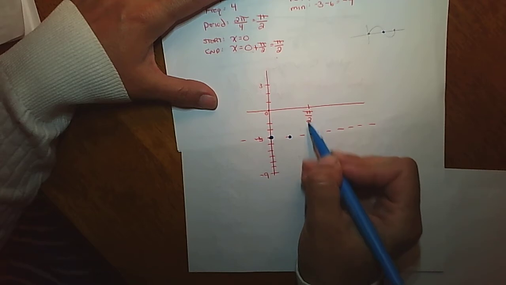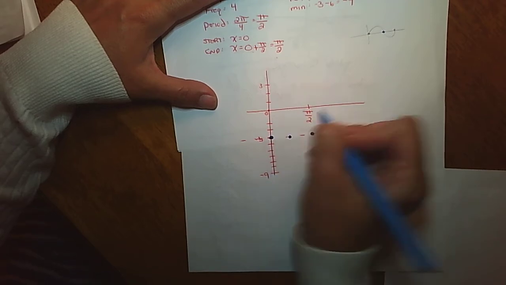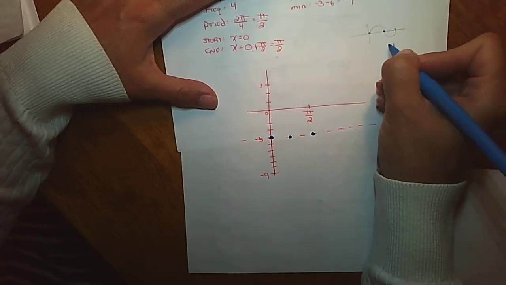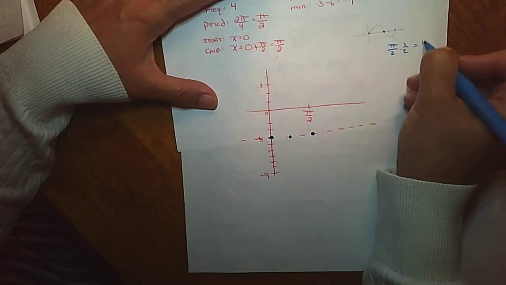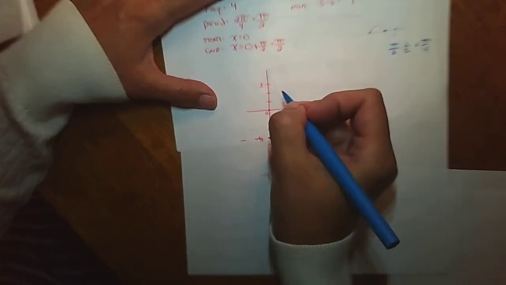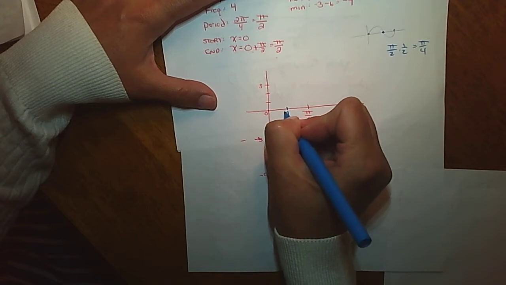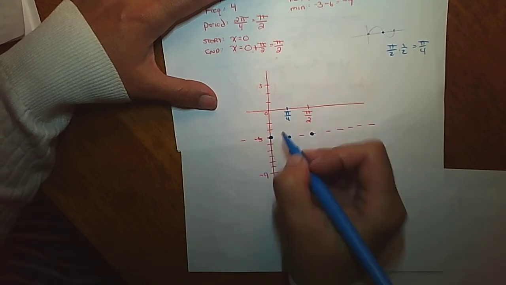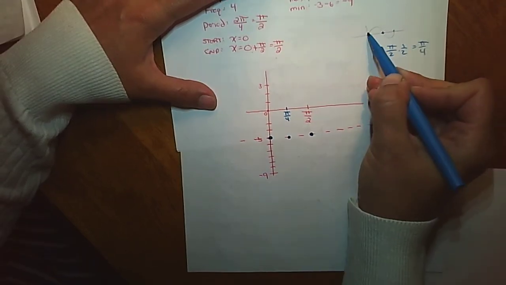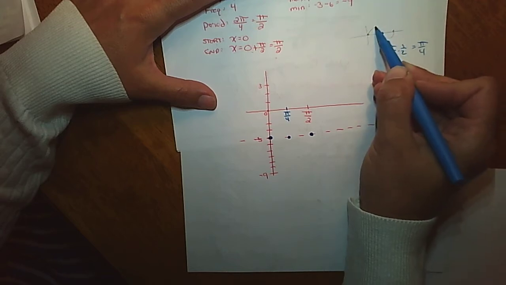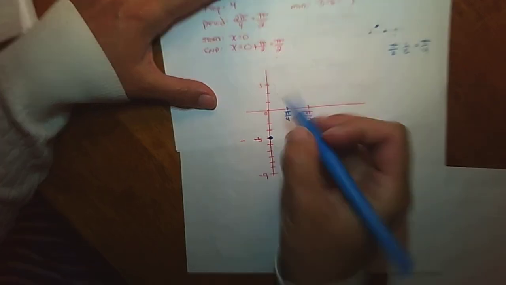Now what would be halfway to pi over 2? Well, if you did pi over 2 times a half, it'd be pi over 4. So that means this location right here is pi over 4. Now notice in the sine curve, halfway, we're up at the top, at the max.